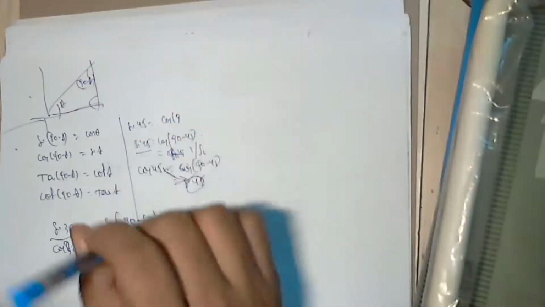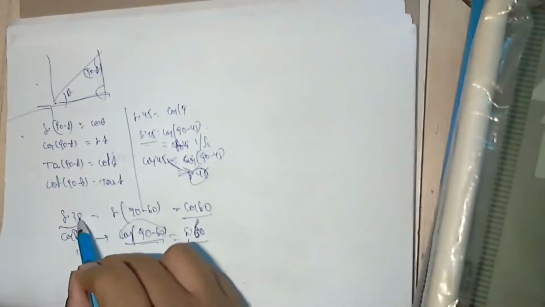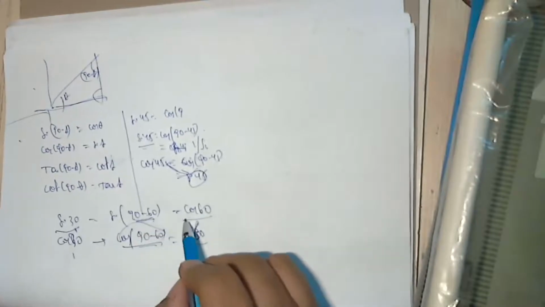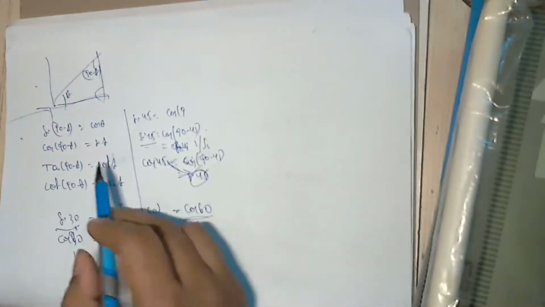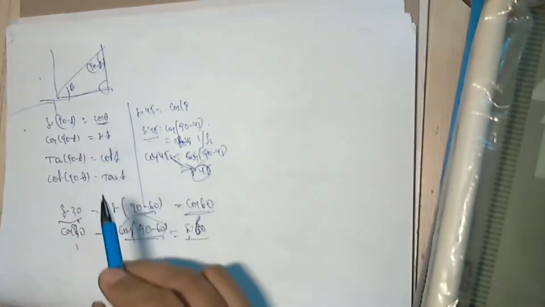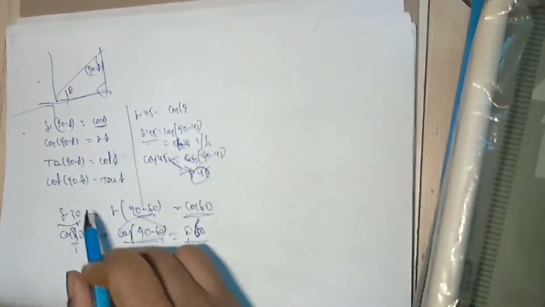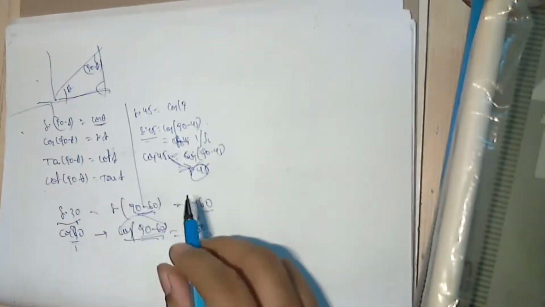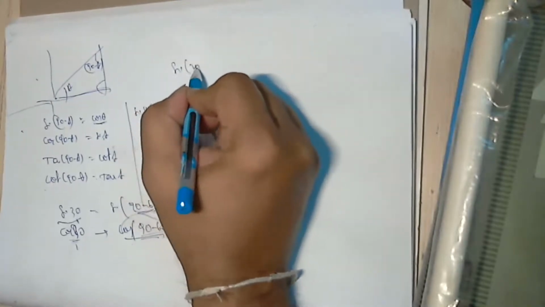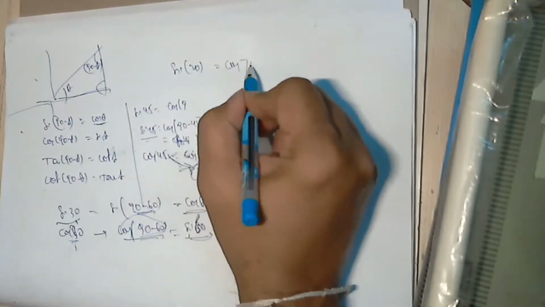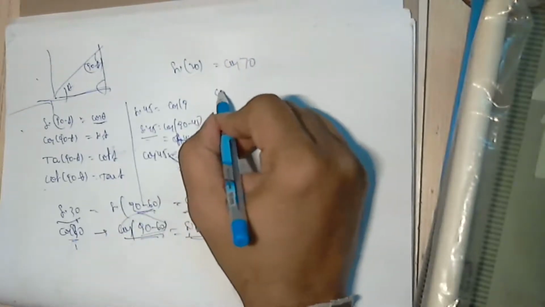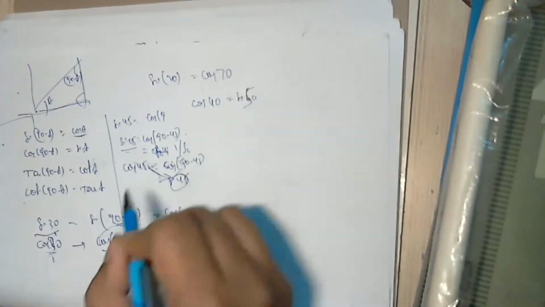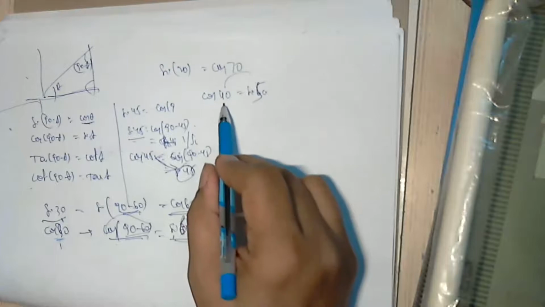So we can see that sin 30 is equal to sin of 90 minus 60, which is cos 60. Sin of 90 minus A is cos A. Similarly, cos 30 is cos of 90 minus 60. Cos of 90 minus A is sin A. So this is sin 60. Like that, sin 20 is cos 70, cos 40 is sin 50, since these two add up to 90.